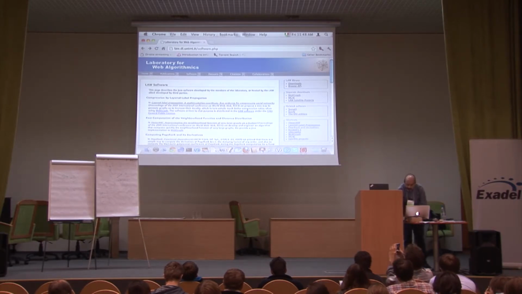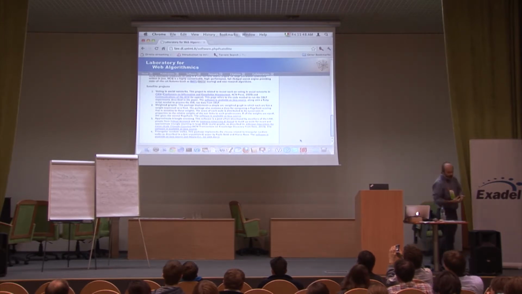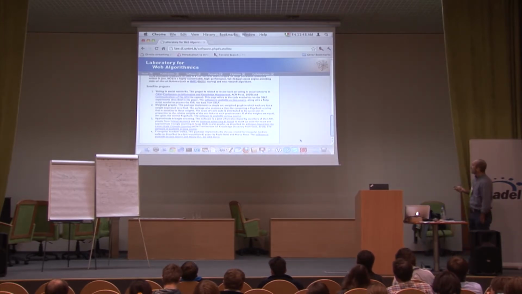There are also some satellite projects that are contributed by other people or by ourselves. For example, there is some software for weighted PageRank. Some of you at some point asked me about weighted PageRank. So there is a package implementing the weighted version of PageRank there.